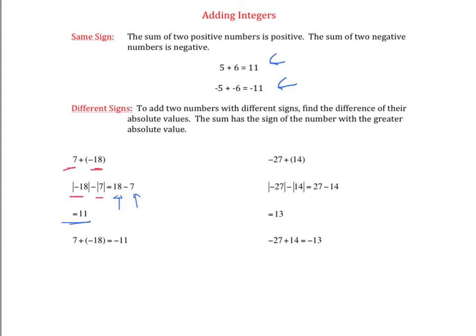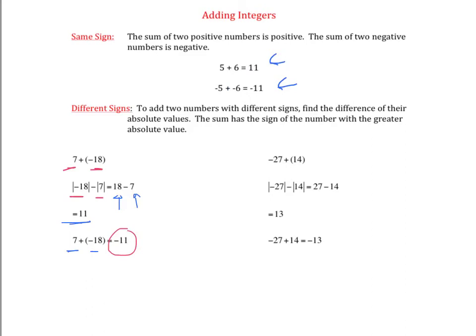Remember, the absolute value of negative 18 is 18. Absolute value of 7 is 7. The greater one is the 18. So I'm going to keep the sign of the greater absolute value. And so here, 7 plus negative 18 is going to be the 11, the difference, and I keep the sign of the greater one. So 7 plus negative 18 is going to be negative 11.